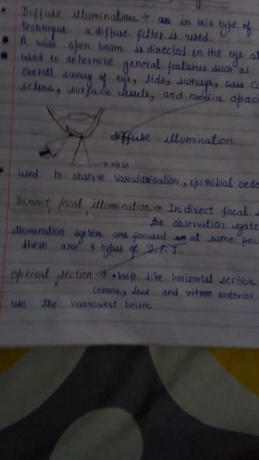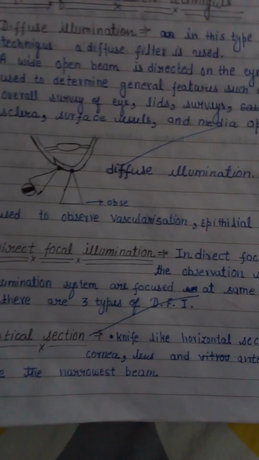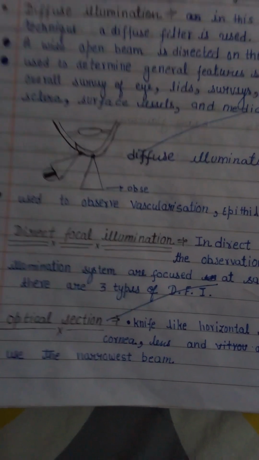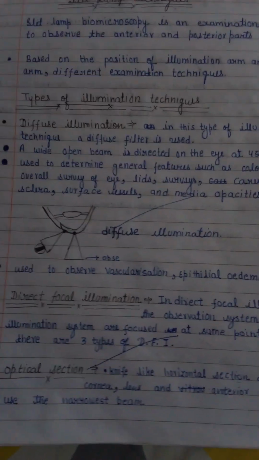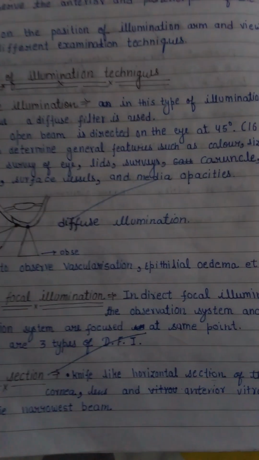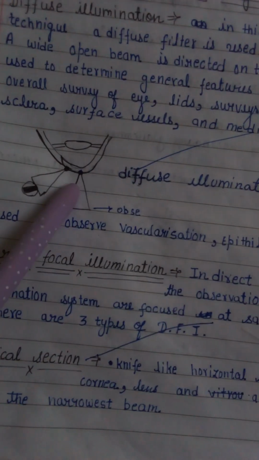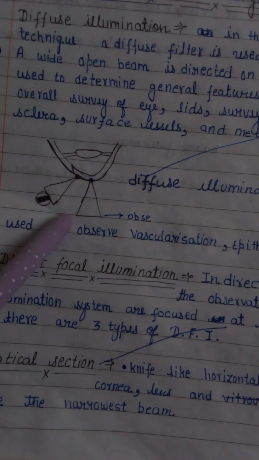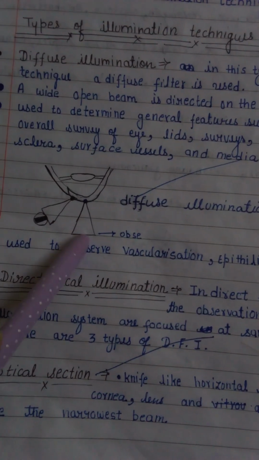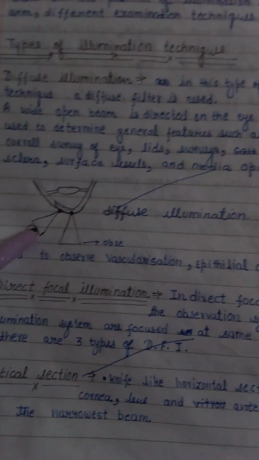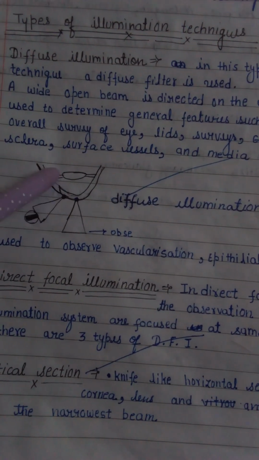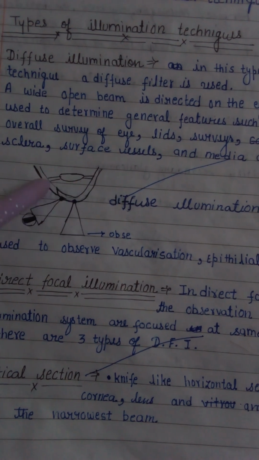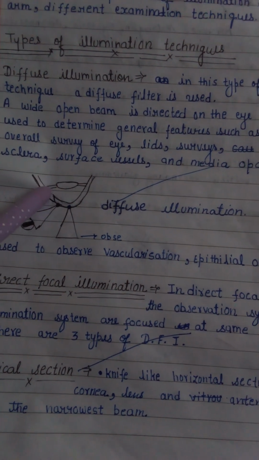This is a picture showing the diffuse illumination. In this picture you can see this is the observation system and this is the illumination system, and this is at 45 degrees, and this is the cornea, this is the ciliary body, and this is the lens.